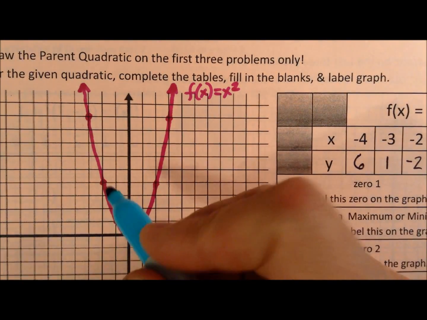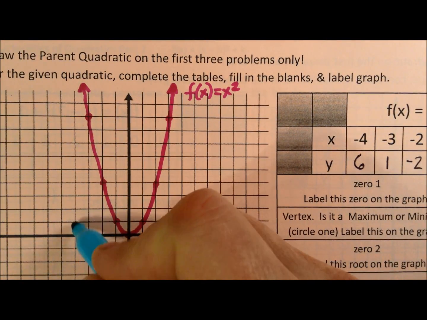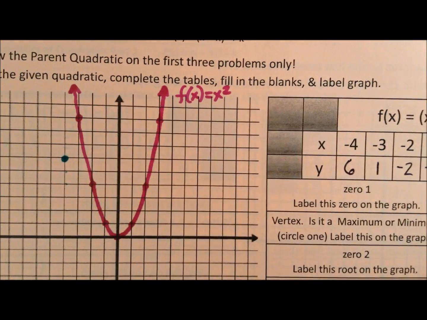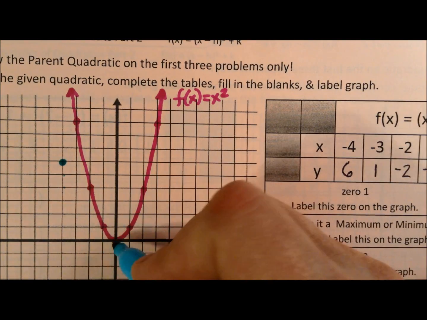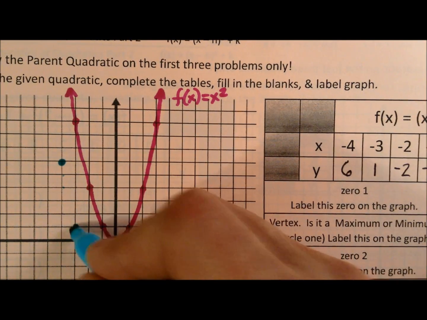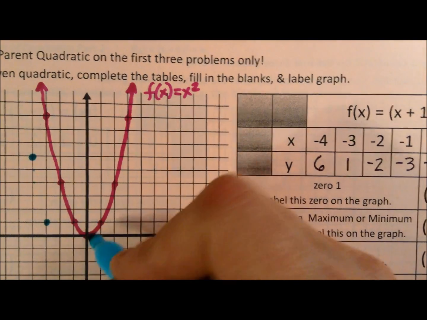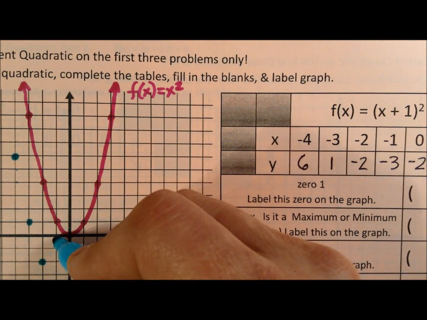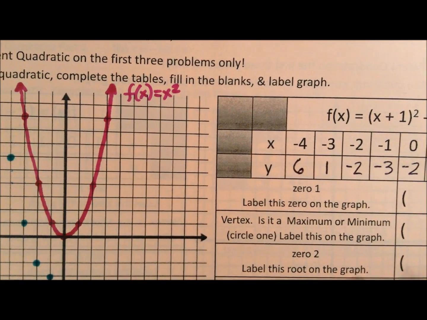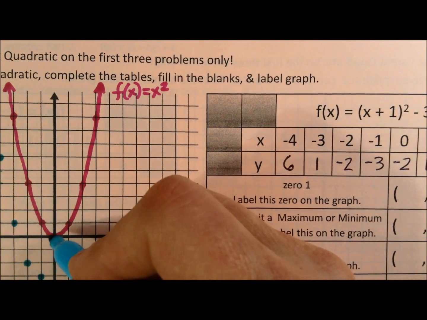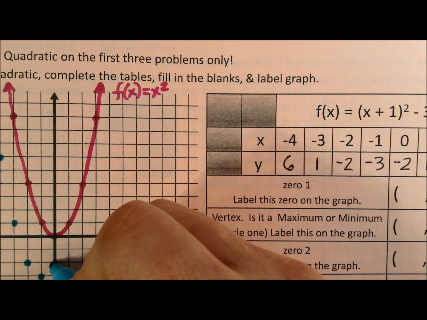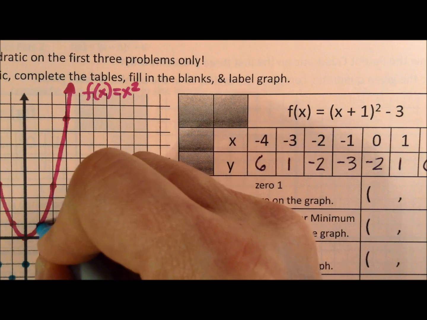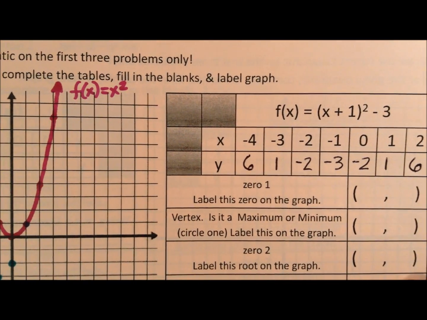We've got -4, 6. And we've got -3, 1. We've got -2, -2. -1, -3. We've got 0, -2. I've got 1, 1, so I'm going to share that point with the parent.